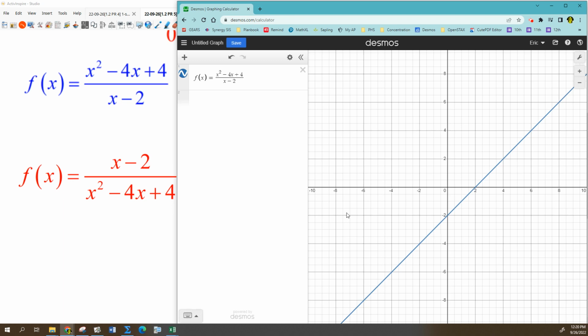And what do we notice here? At x equals 2, if I drag this thing along, what do we see? That's not right. What's going on here? No, that's supposed to say undefined. There it is, right? Okay.